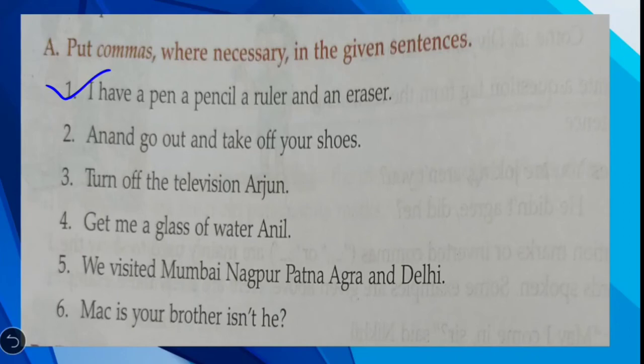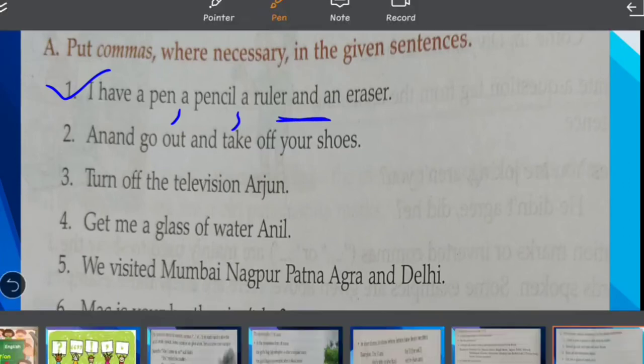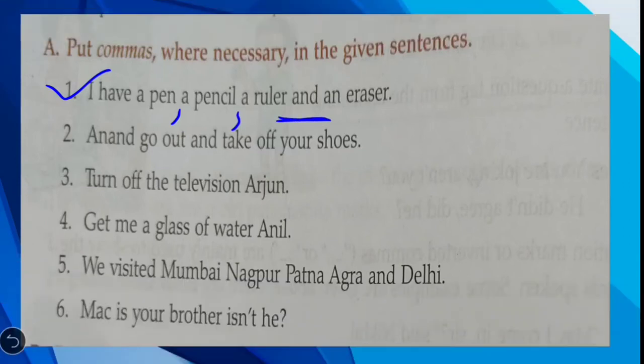No, it's completely wrong while speaking and while writing also. So here students, I have a pen. After pen you have to put a comma. A pencil, put a comma. A ruler and an eraser. Here a comma will not come because it's joined with and. So only a pen, comma, a pencil, comma, and the last full stop is already written.